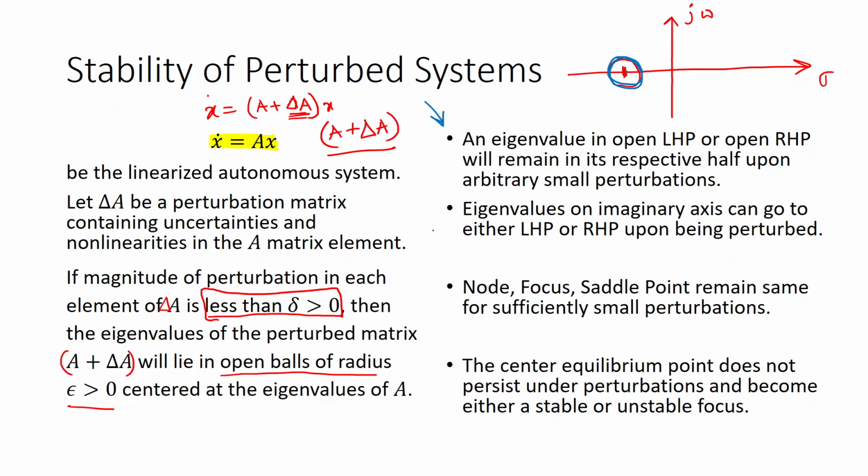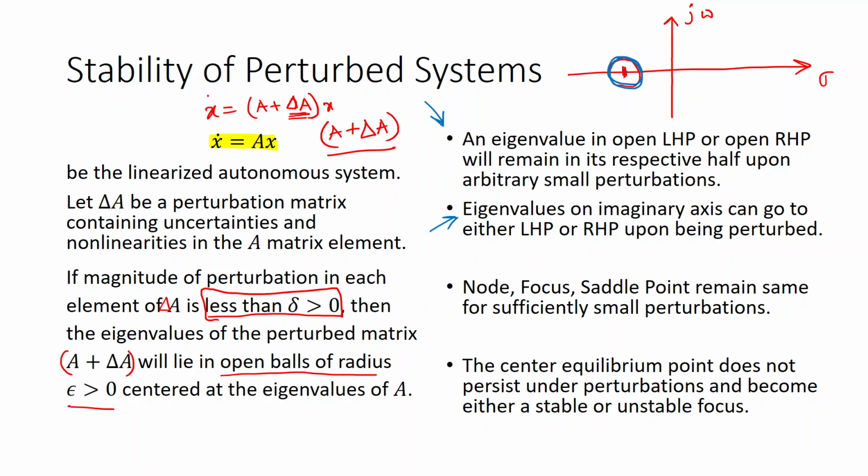If the eigenvalues are on the imaginary axis, then a small perturbation will change the eigenvalue, will shift the eigenvalue to either the LHP or the RHP. This is also fine, I guess, because the value will change from the imaginary axis, it is going either left or right.